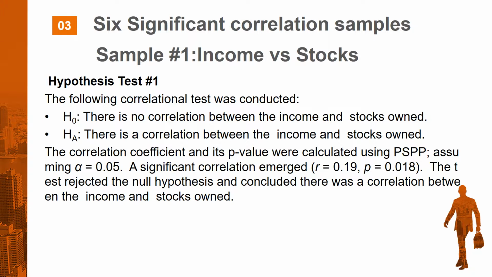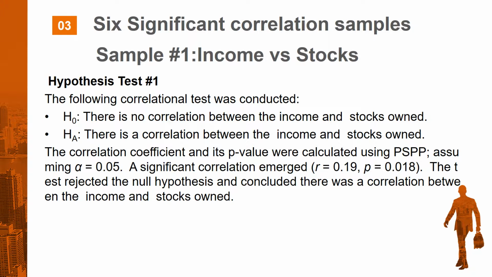Our null hypothesis, H0, states that there is no correlation between the income and the stocks that an individual owns, so our R is equal to 0, while our alternative hypothesis, HA, says that there is a correlation between an individual's income and their stocks owned.